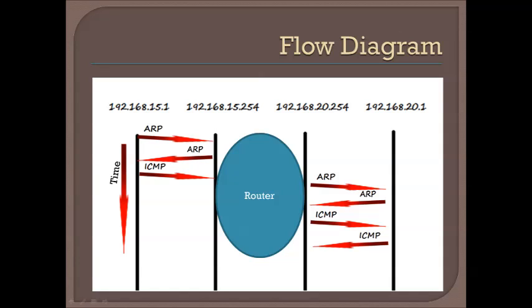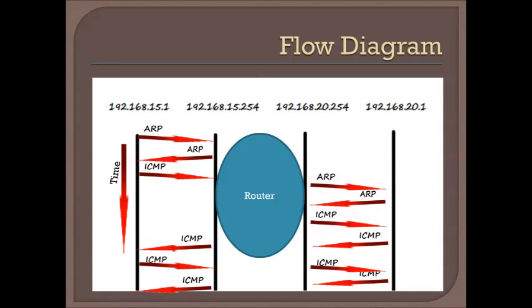At this point, 20.1 can now respond with the ICMP echo reply. This ICMP echo reply comes back from 20.1, goes to the router, and the router forwards it back to 15.1. So 15.254 sends this to 15.1.